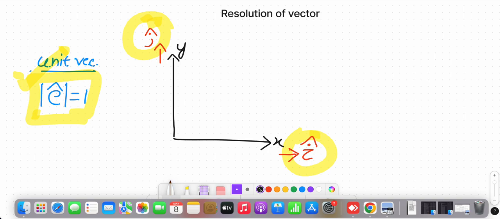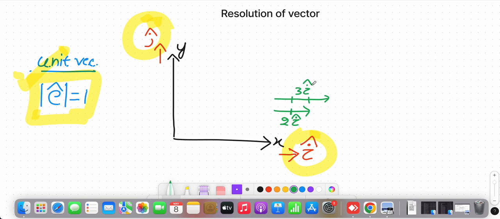Now, if I write something like 2 I cap, it means it is a vector whose magnitude is 2 and direction is x-axis. Another vector 3 I cap has magnitude 3 and direction is x-axis.